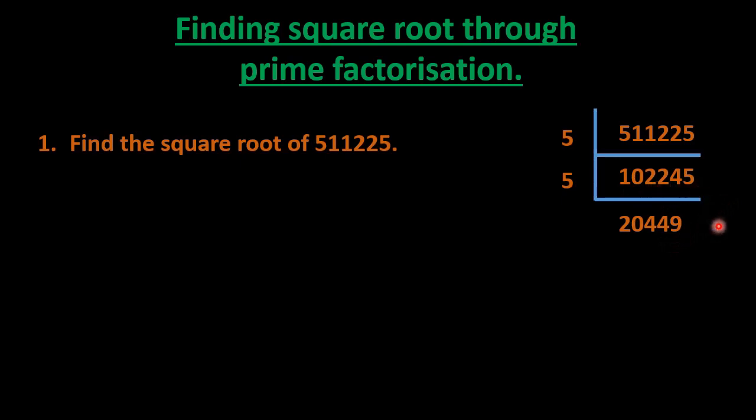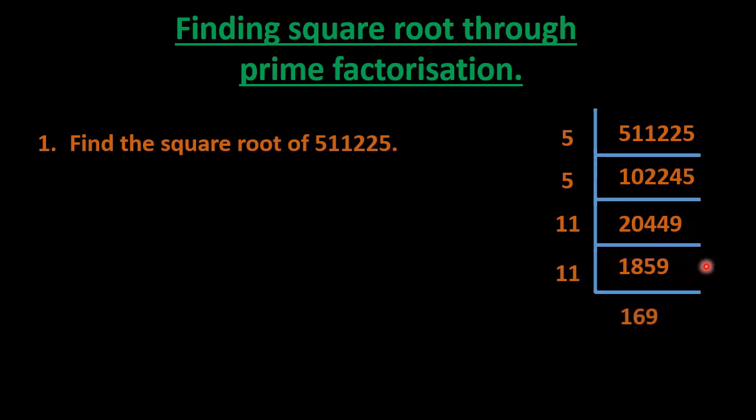Now this number will be divisible by the next prime number, which is 11. 11 times 1859 is 20449, and this number will again be divisible by 11. 11 times 169 is 1859.